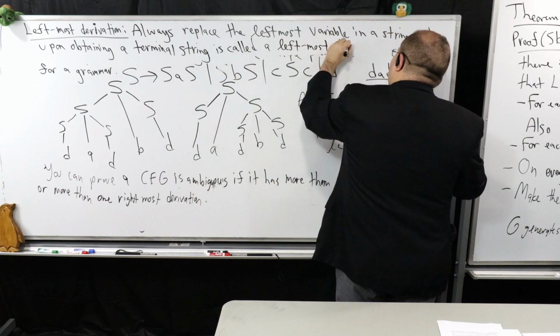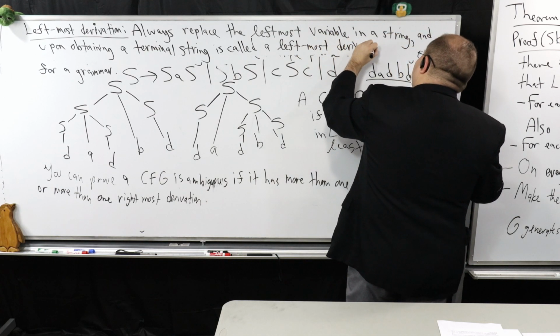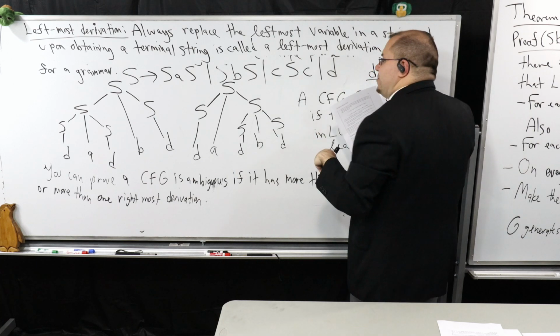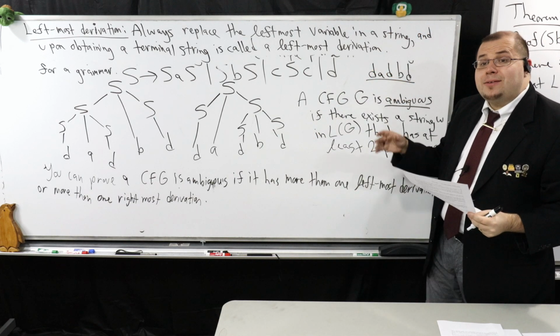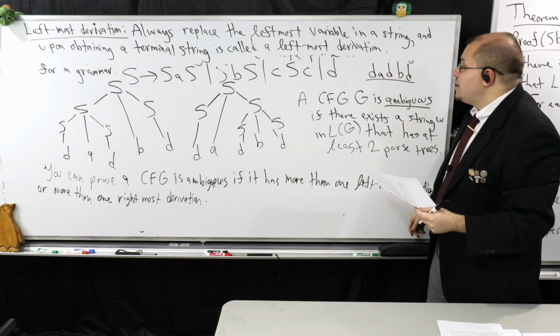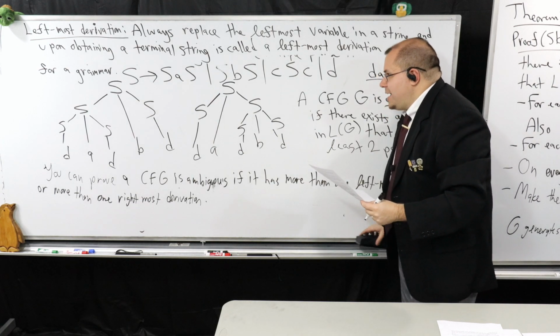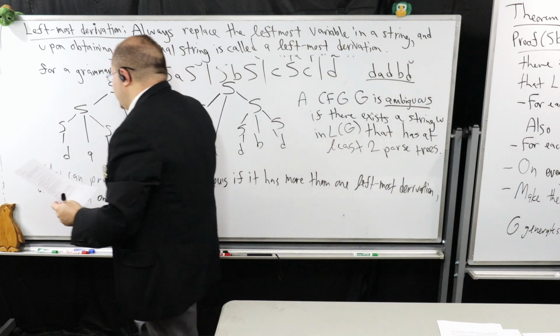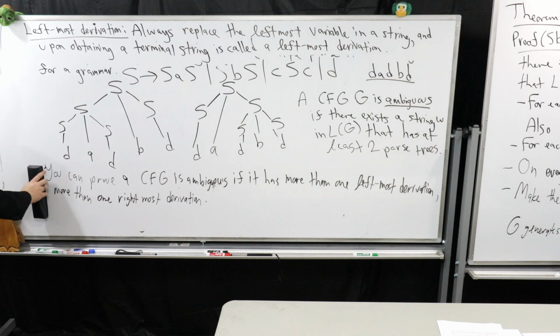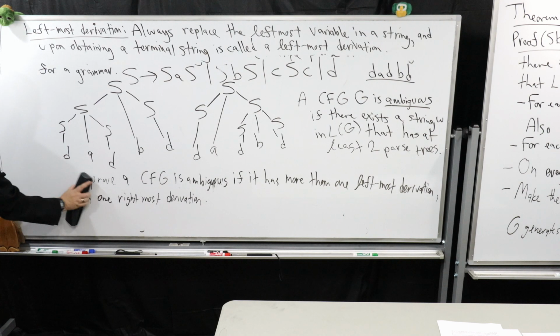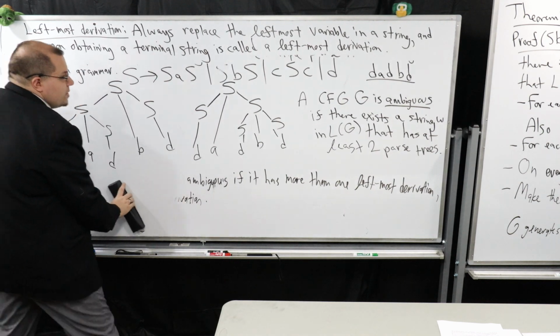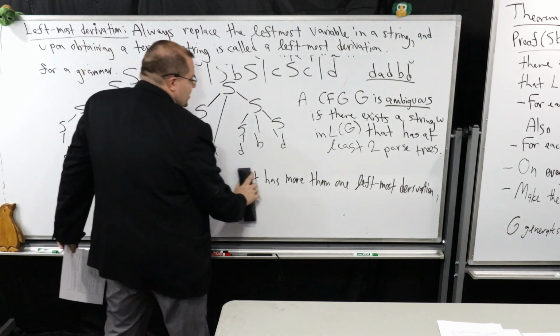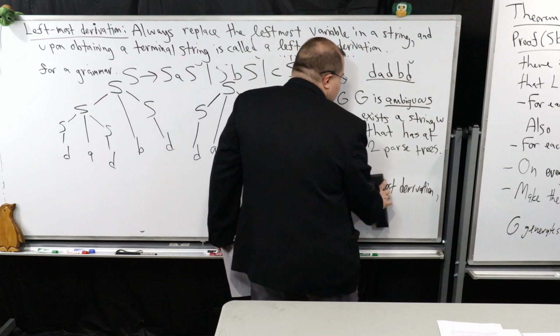derivation. So I want to do an example because I find it so much easier to understand rather than reading this definition I gave you. I'm just doing this for formality. So let me do an example. I'm going to do a leftmost derivation for you. But the point is that if you ever want to say, hey, look, is the context-free grammar ambiguous?